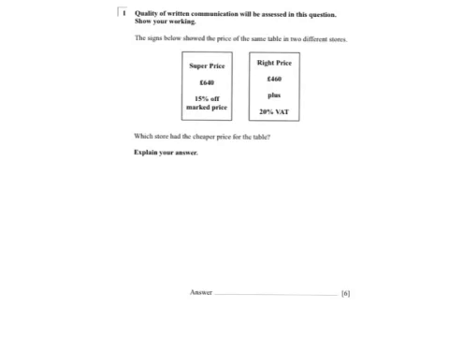In this first question, because you're asked for the quality of written communication, you must clearly explain or set out your answer so that the examiner knows exactly what you're doing. Taking the super price first, there's a 15% reduction in price. We can use a calculator, or we can simply say 10% is £64.